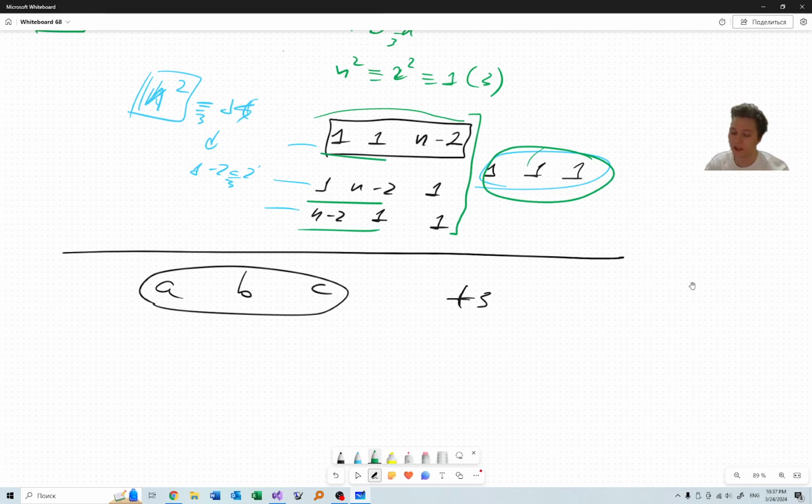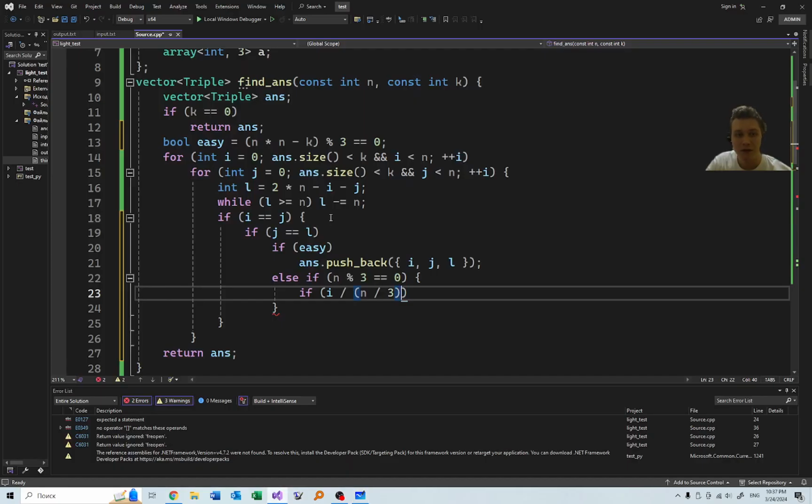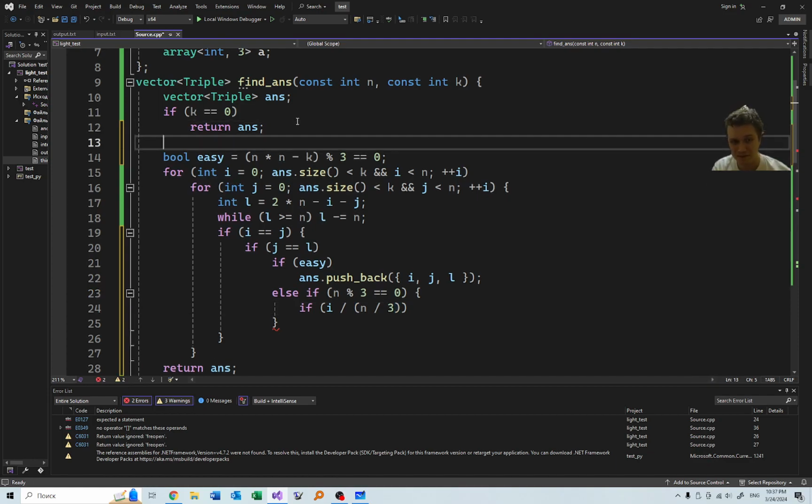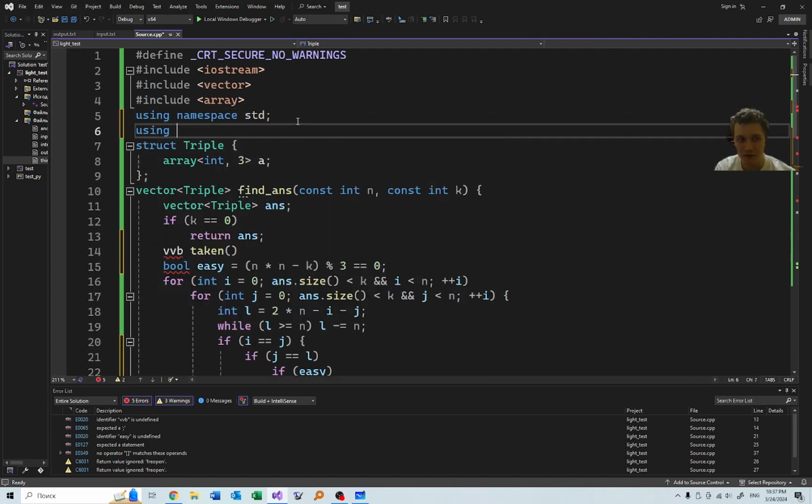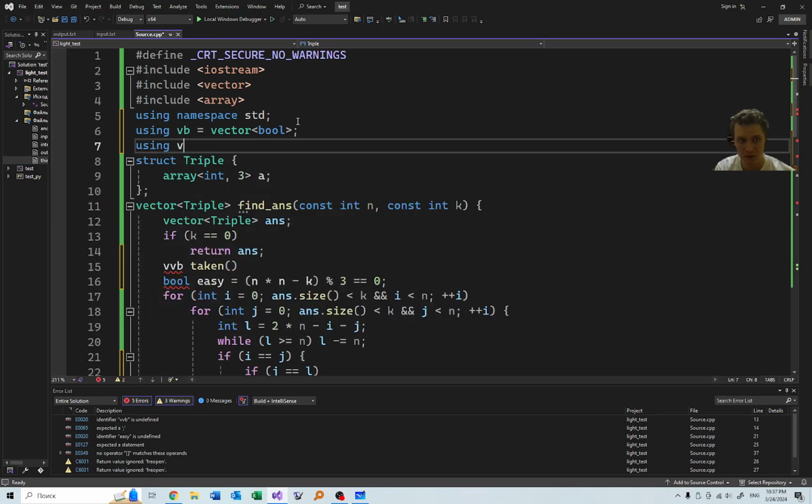Okay, I see what I need to do. This is a bit redundant, but let's make a vector bool taken, which says that we have already taken such a pair.